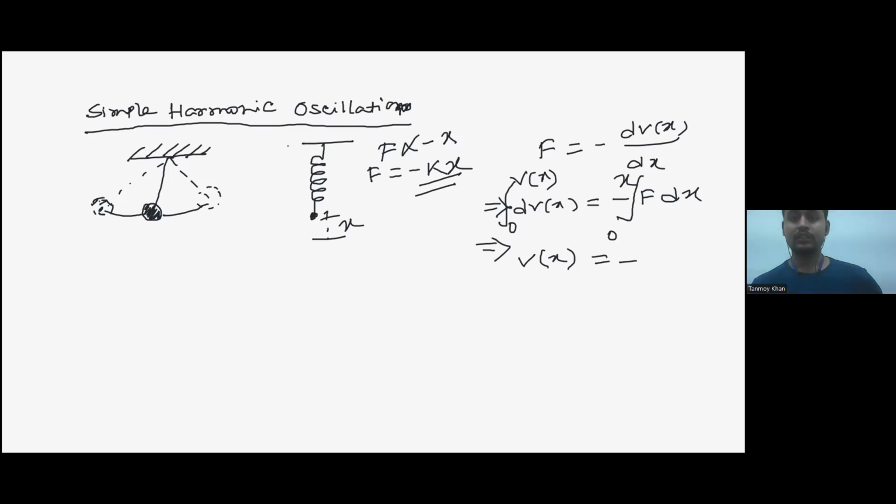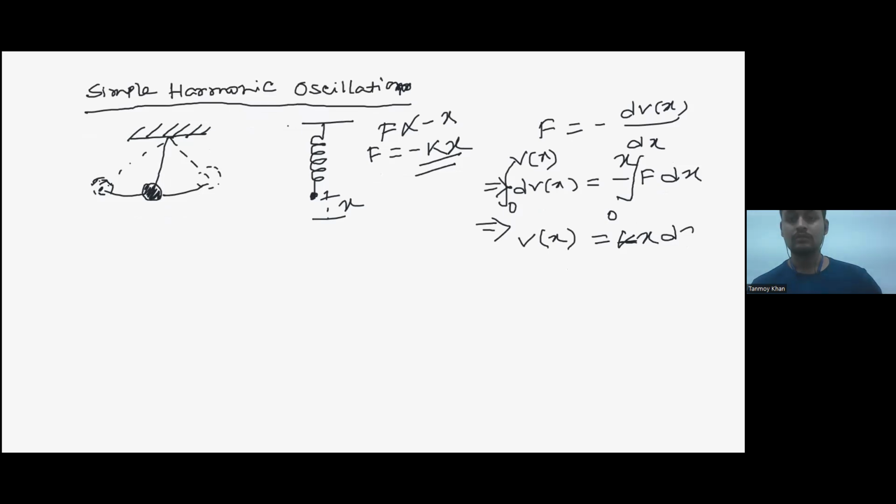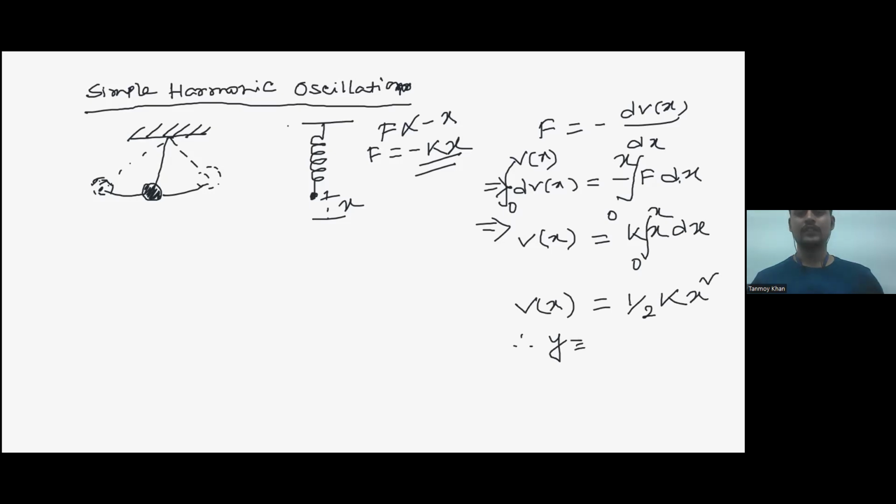So it will be the integral from 0 to x of kx dx, right? So what will it be? Half k x squared, right? So V(x) is equal to half k x squared. So this is your y, or rather V(x) is equal to half k x squared.